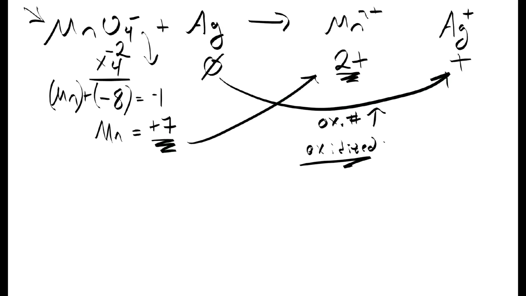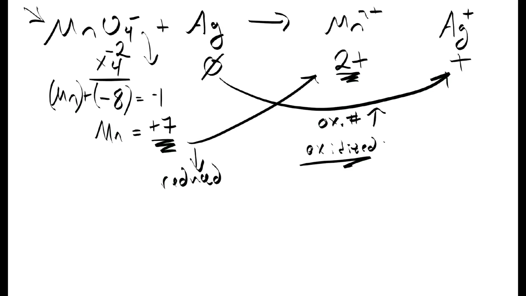The oxidation number is going down, so it is being reduced. So for every oxidation-reduction reaction, that's what you're going to see. You're going to see an element being oxidized and another one being reduced.